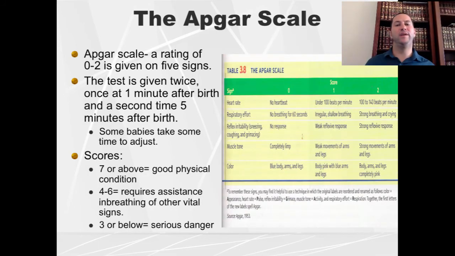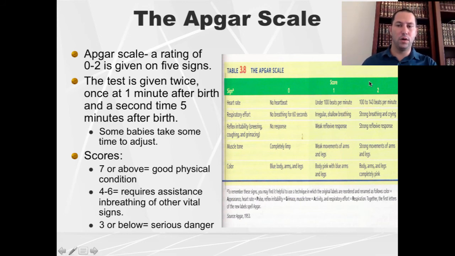Upon delivery, we test the child. We want to see if the child is viable or whether it needs a medical intervention right away. And what we do is we test it using the Apgar Scale. That's 5 points of measure, as you'll see on the slide: heart rate, respiration, reflexes, muscle tone, and color. And you could have non-existent, poor, or very strong.